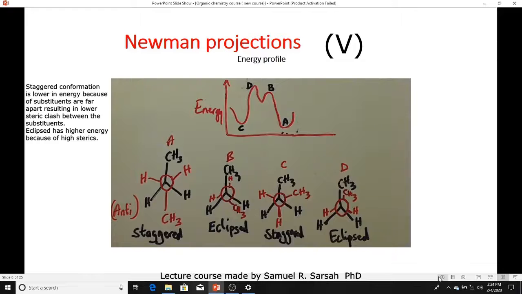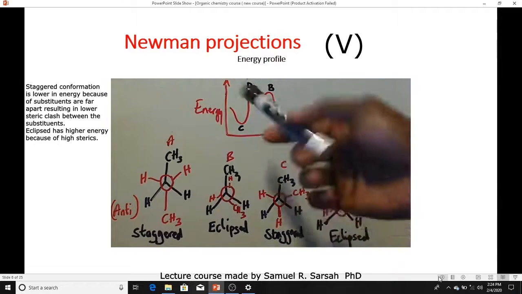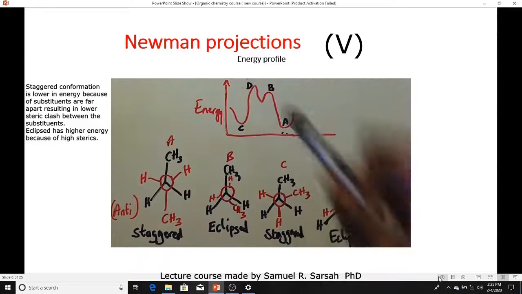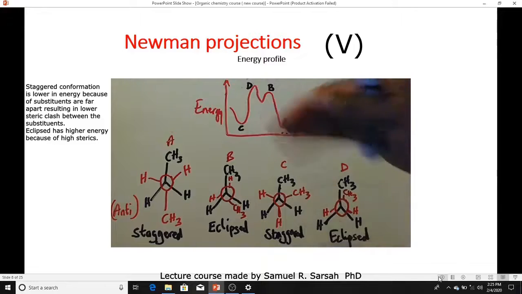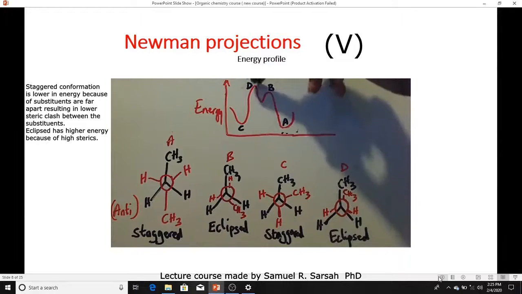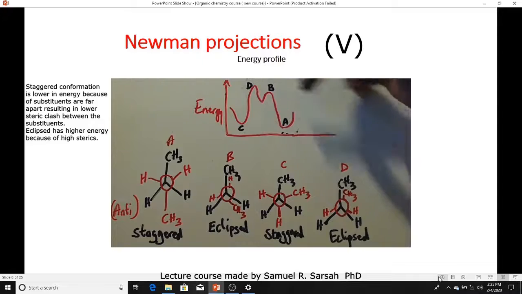Lowest energy point is A, followed by C. The anti and the gauche are lower in energy, and then the two eclipsed conformations, D higher in energy than B. So that's how the energy profile will look.